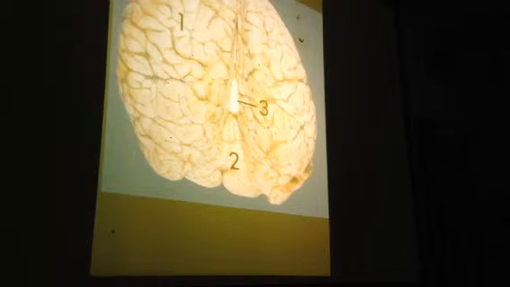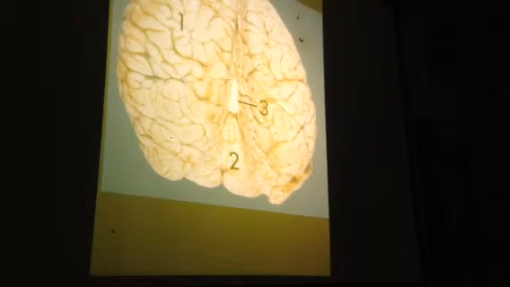You should divide it into three parts. Cerebrum, 85% of the brain. Behind, cerebellum, 13%. And then underneath, you'll see the brain stem, up from the foramen magnum, the remaining 2% of the mass of tissue.